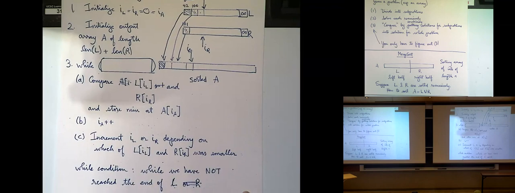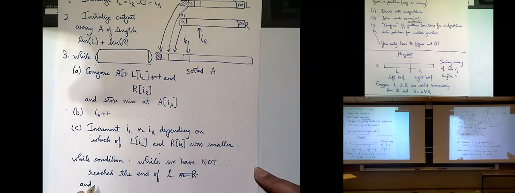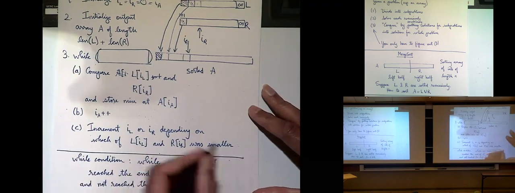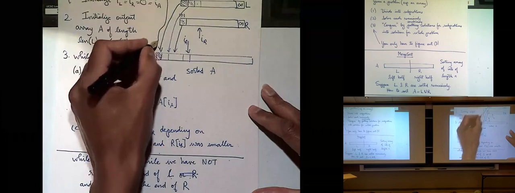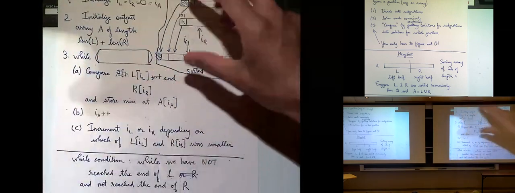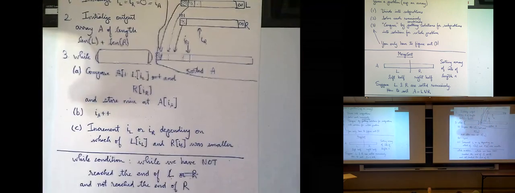While we have not reached the end of L and not reached the end of R. Okay, that's the while condition. But this over here, this is the basic pseudocode of merging two sorted arrays.